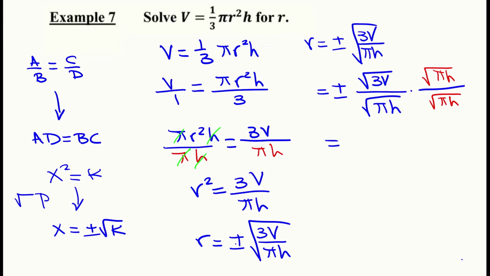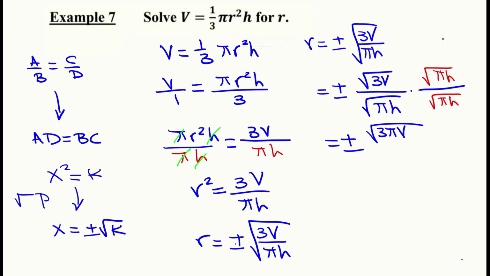So now we notice that we get plus or minus square root of, because these indices are the same, we can go ahead and multiply under the radical to get 3. I'm going to put the pi next to the 3 because that's also a constant we know of.